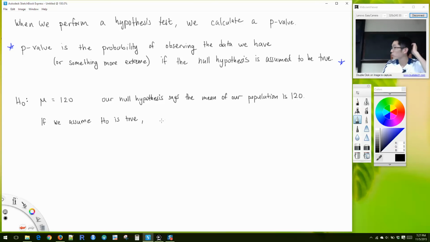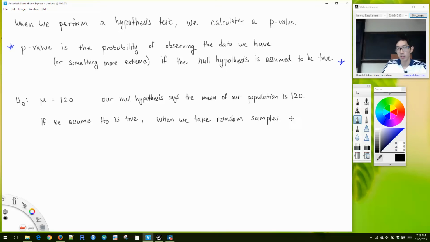whenever we take random samples from this population, our random samples should have a sample mean close to 120, right? And we know this because of the central limit theorem, right?